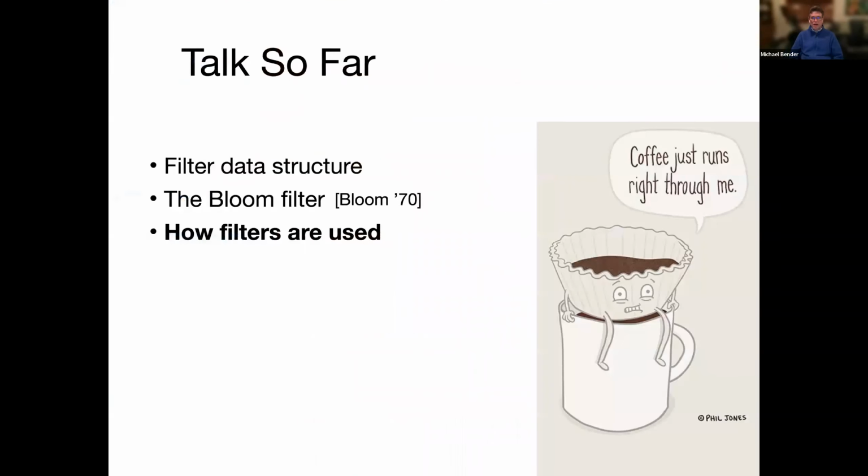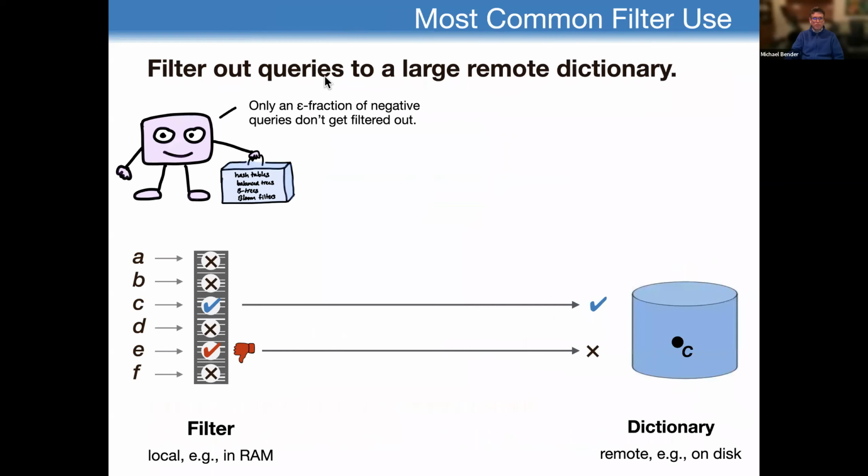Okay, so let's talk about some places where filters are actually used. And often they're used to filter out queries to some large remote dictionary. And again, Seth, if you don't mind looking at the comments, and as you see fit, just say the questions out loud so I don't have to pay attention to that.